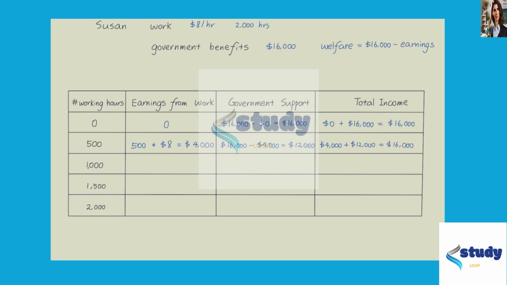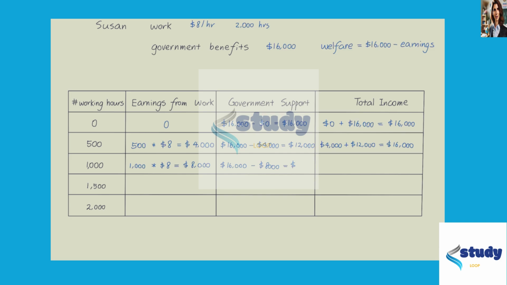When Susan chooses to work for 1,000 hours per year, her earnings from work will be 1,000 hours times $8 per hour, which is $8,000. And the government support will be $16,000 minus her earnings, which is $8,000.